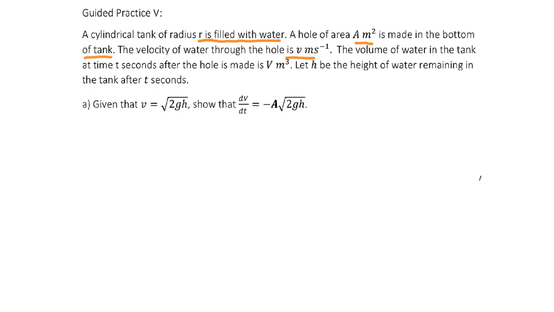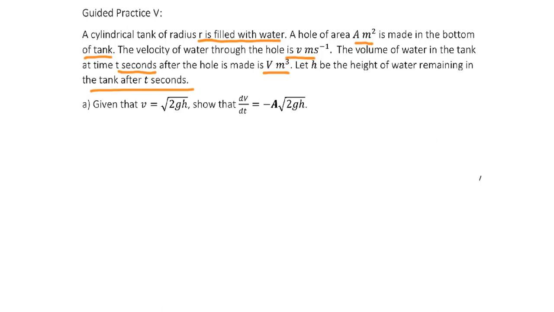The volume of water in the tank at time t seconds after the hole is made is V meter cubed. Let h be the height of water remaining in the tank after t seconds. Given that v equals square root of 2gh, show that dV/dt equals negative a square root of 2gh.